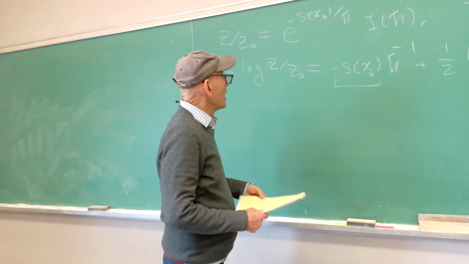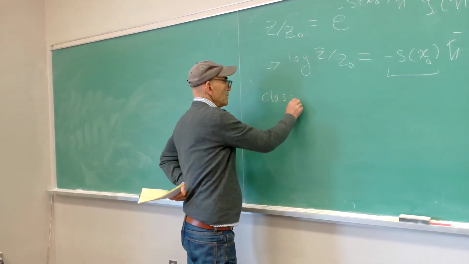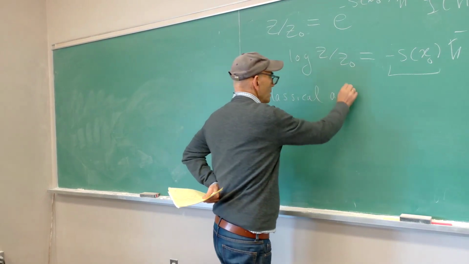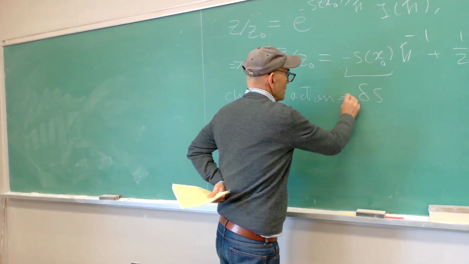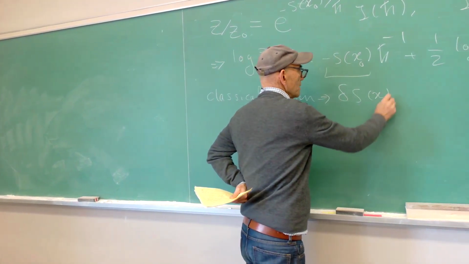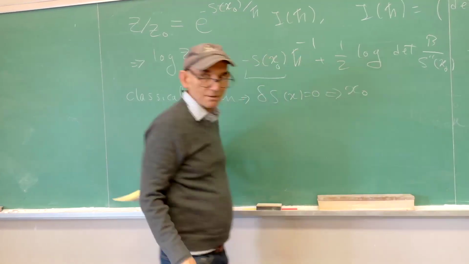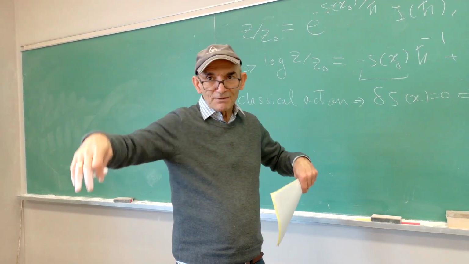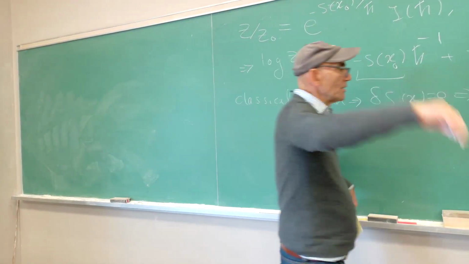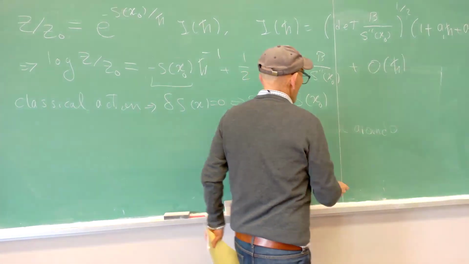So remember that classical action. This equation, delta s equal to 0, gave us x0, right? This is a kind of classical solution of the problem. And s of x0 is the classical action that's extremized.